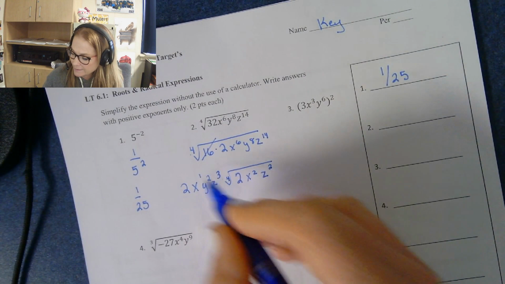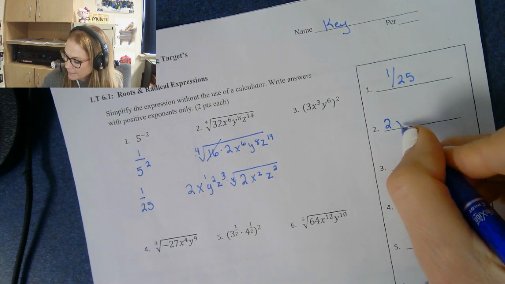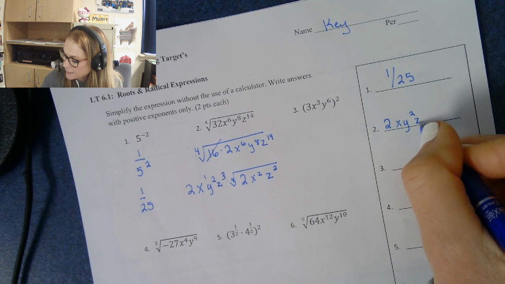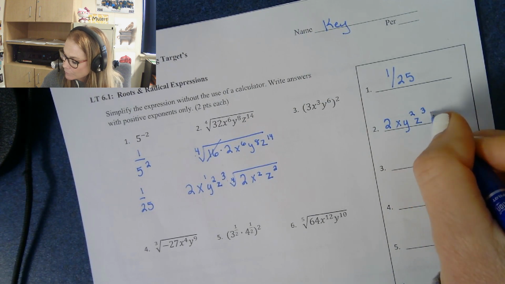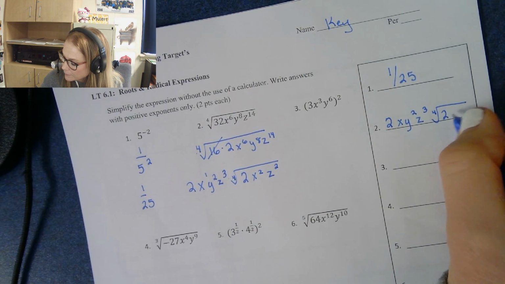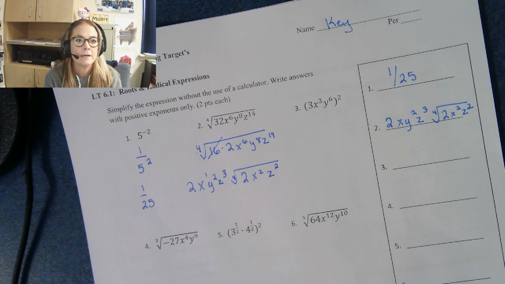And we don't need to write this power of 1, so this is 2x y squared z cubed, fourth root of 2x squared z squared. Okay, so there you go.